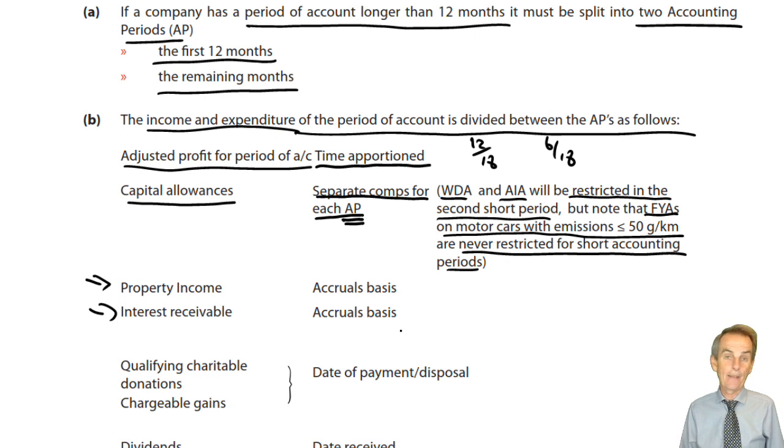Then that interest payable is not treated as a deduction against the property income, but instead is treated as a deduction against interest income. Because it's an odd and very special rule, it's just the sort of thing that gets examined, of course. Make sure you know it.